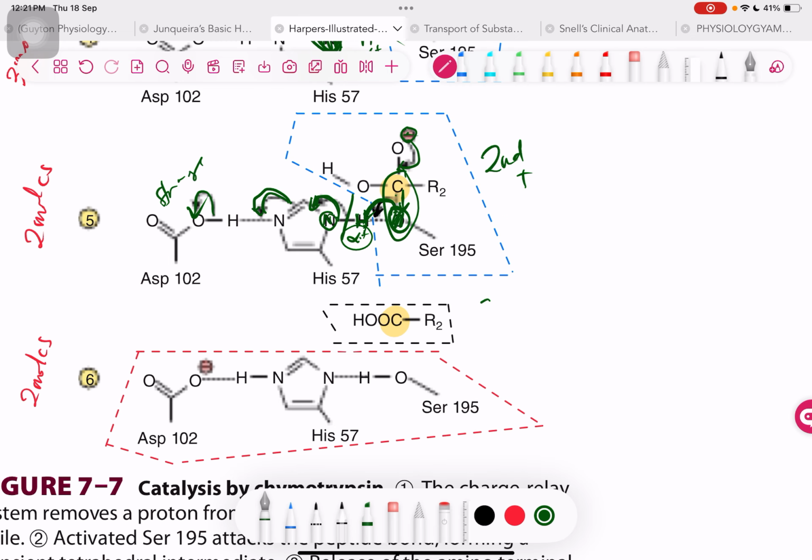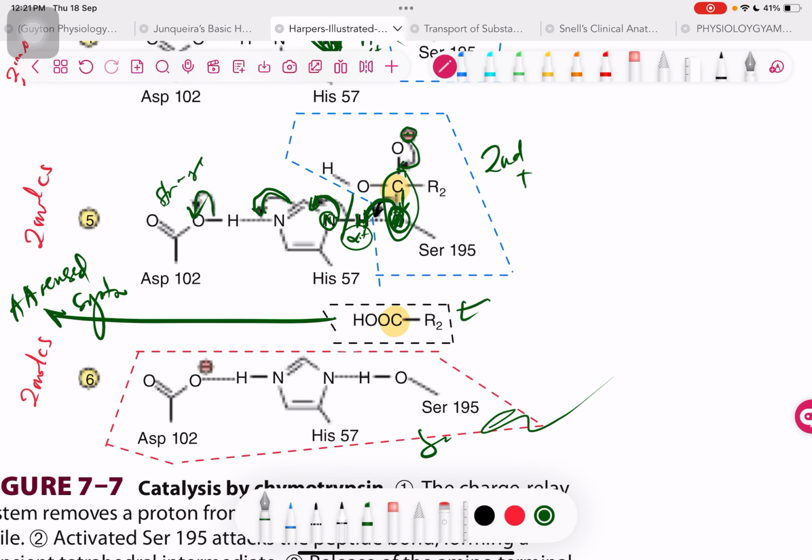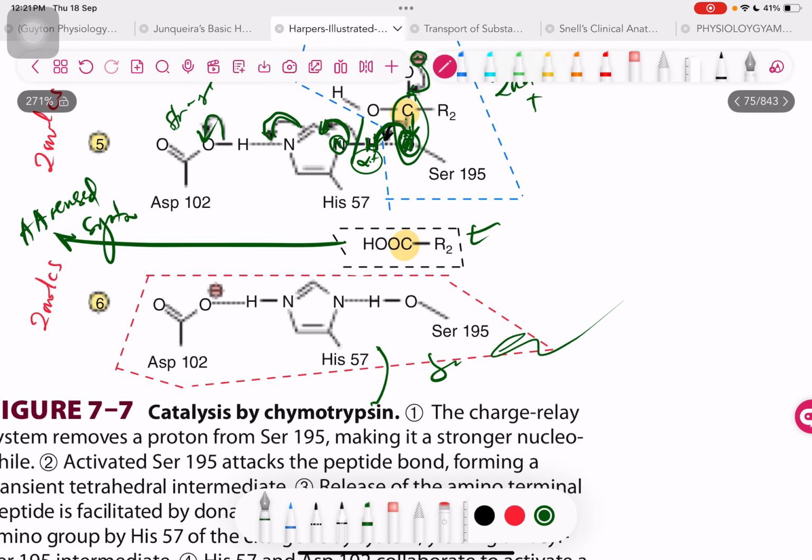This is our final product, which will become another amino acid to be reused in the system. And finally, we have again the chymotrypsin. This one is the chymotrypsin.